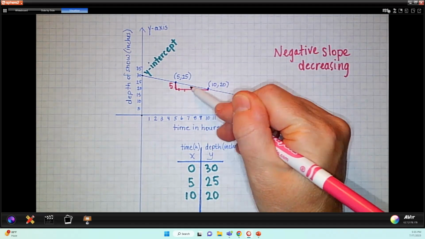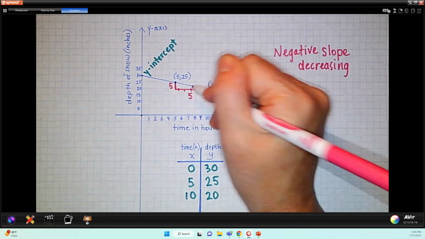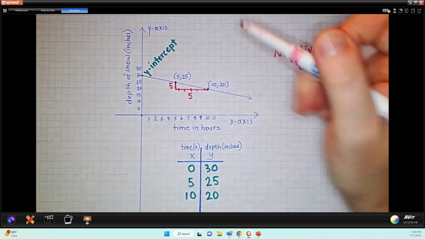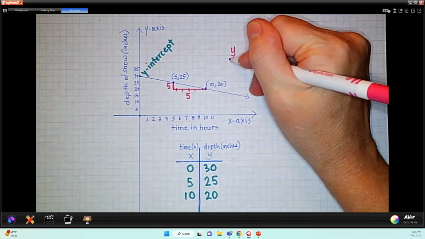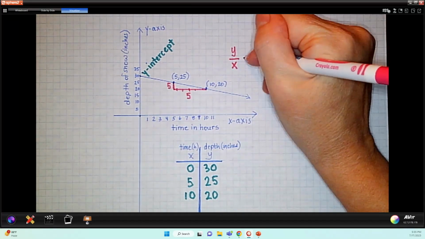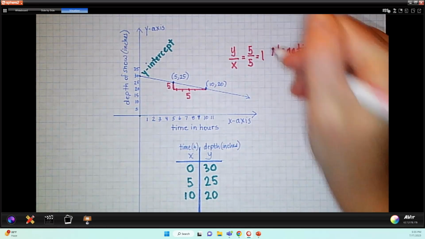So this is 1, 2, 3, 4, 5. So this is tricky. A lot of times students will want to say 1 over 5, but the y-axis is counting by 5s, and the x-axis is counting by 1s. So this would be a 5 over 5 or a slope of 1.